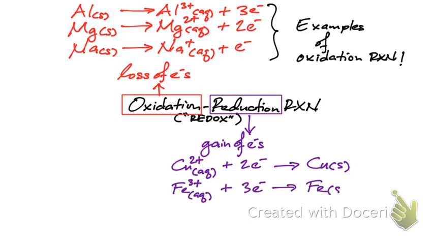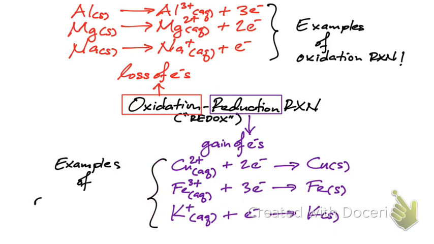Iron ion, for example, with a +3 charge, will gain a total of 3 electrons, and that would result in its reduction into solid iron. Last one here is potassium ion, gaining 1 single electron, and it turns into solid potassium. So these are all examples of reduction reaction.